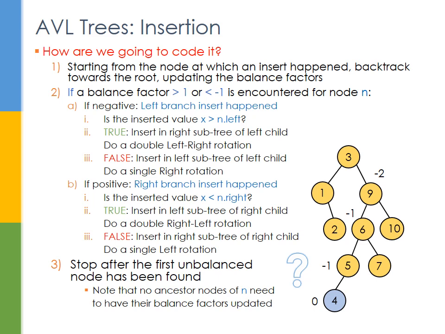So now at this point we have encountered an unbalanced node, and so we need to perform a rebalancing. So first of all, we need to look at our balance factor value, and we see that it is -2. So that means we are dealing then with case A over here, meaning that a left branch insertion has taken place. So then we need to compare our inserted value to the value to the left of the unbalanced node.